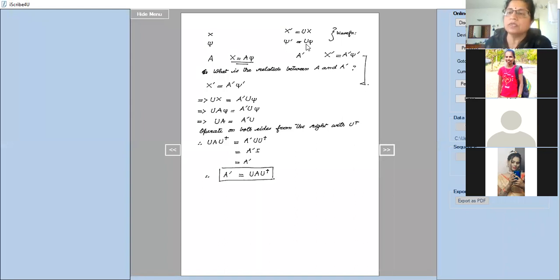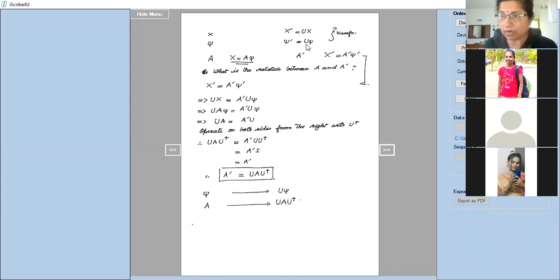Okay. So wave functions, how will they change? If you have a wave function psi, it will go to U psi. Operators, how do they change? If there is A, it will go to U A U dagger in a unitary transformation. Okay. Is this clear to everyone?